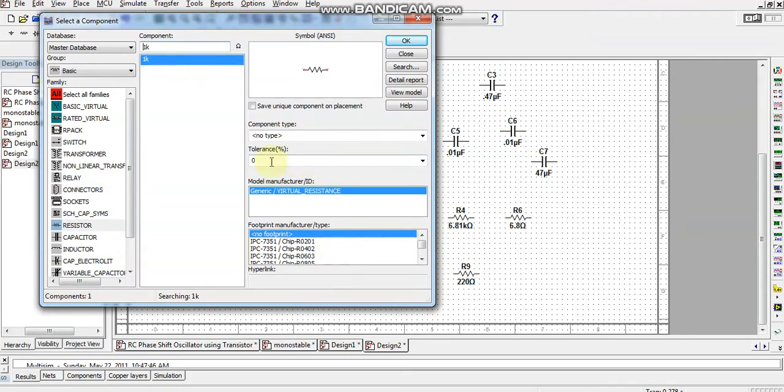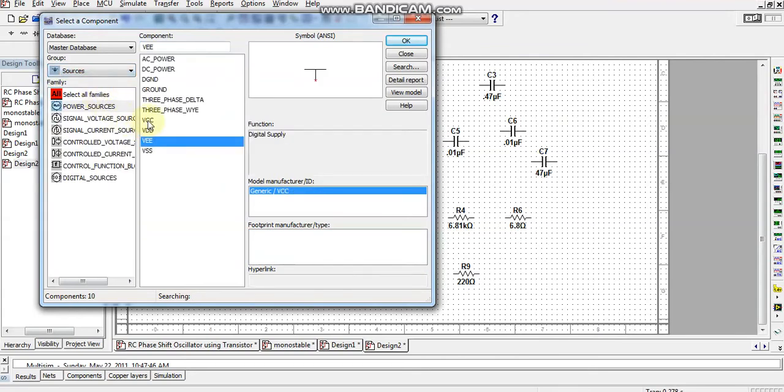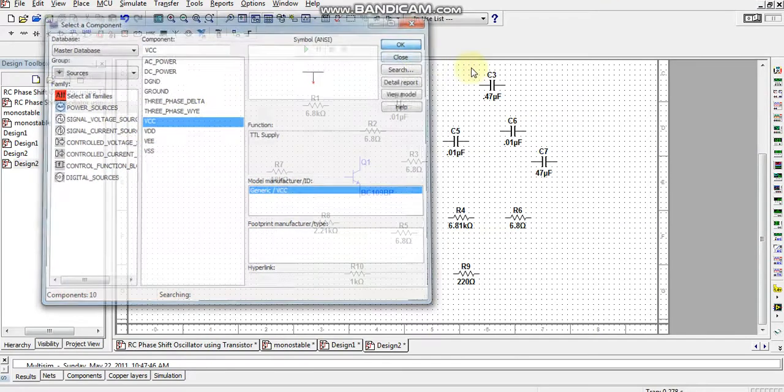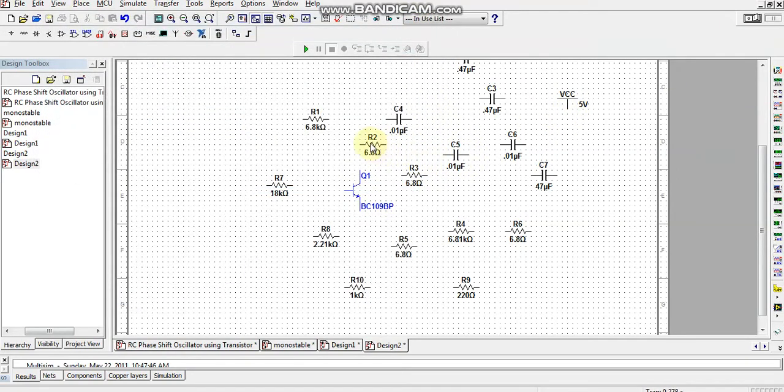And probably the supply, one supply, that is sources. So plus VCC I require. I put this here. So let me remove the 6.8 ohm. I want to put 6.8 kilo ohm, but I have taken the 6.8 ohm.